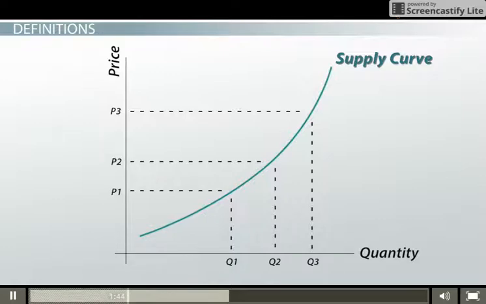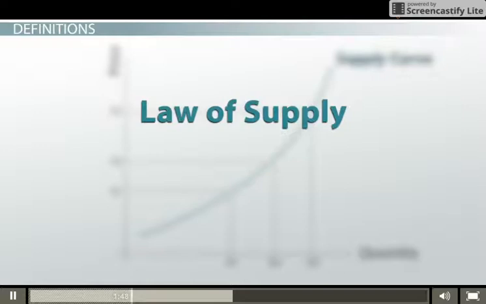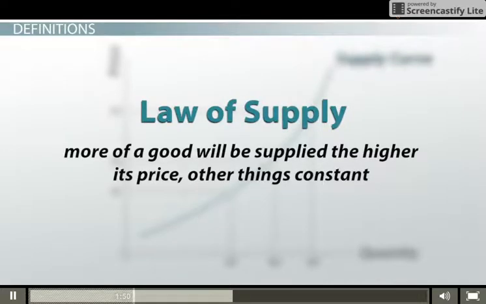In general, the supply curve shape and foundation come from the law of supply, which states that more of a good will be supplied the higher its price, other things constant. On the flip side, it can be stated that when less of a good is supplied, the lower its price will be, assuming all other things are constant.